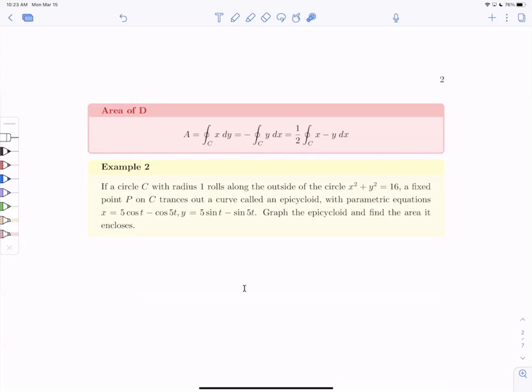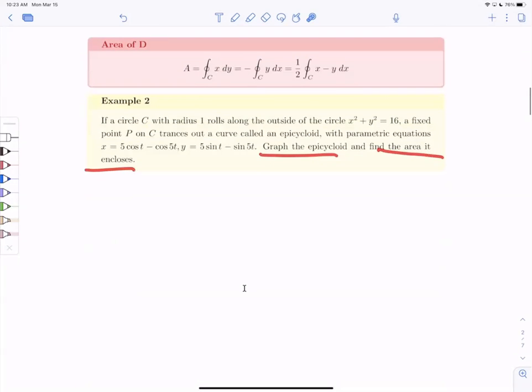If a circle with radius 1 rolls along the outside of the circle x squared plus y squared equals 16, a fixed point P on C traces out a curve called the epicycloid with parametric equations x equals 5 cosine t minus cosine 5t, y equals 5 sine t minus sine 5t. I want you to graph this and then find the area it encloses. So you need to use one of those, any one you like.